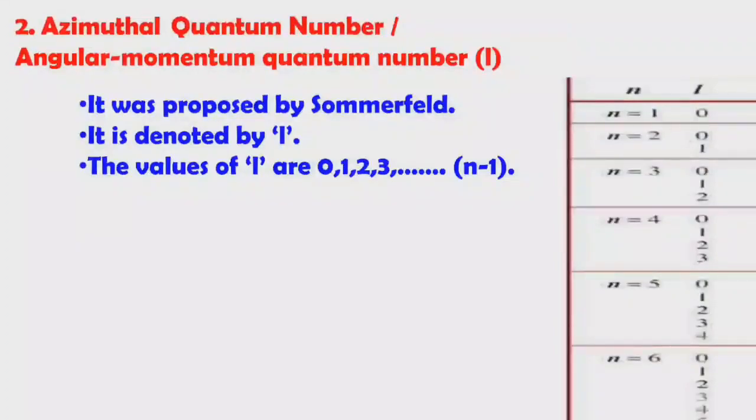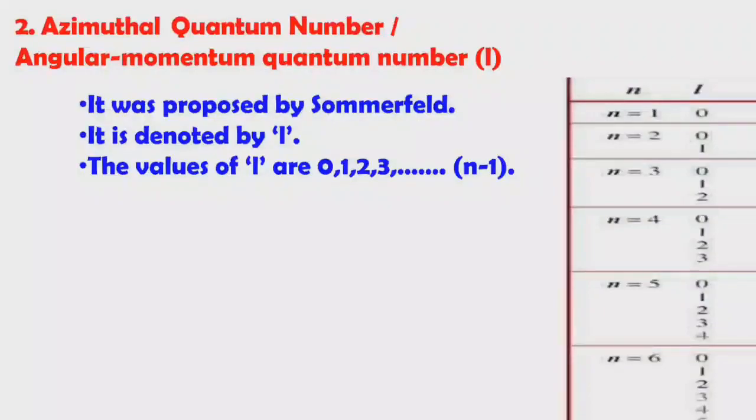If n is equal to 3, then l values are 0, 1, 2. If n is equal to 4, then l values are 0, 1, 2, 3. If n is equal to 5, then l values are 0, 1, 2, 3, 4. If n is equal to 6, then l values are 0, 1, 2, 3, 4, 5.